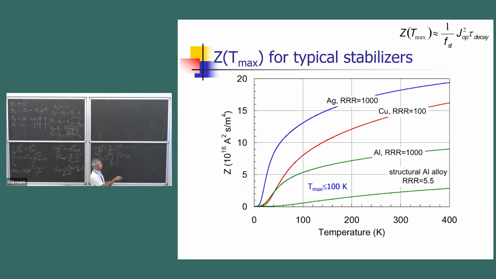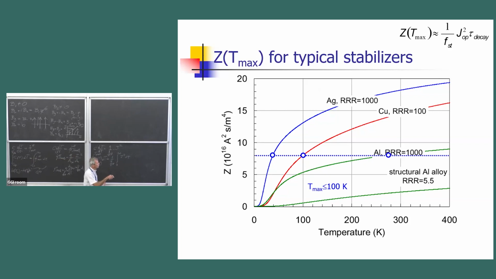So we get curves. If you get silver at very high purity, copper at normal purity, aluminum at very high purity, aluminum alloy with low purity, you get different curves. And what you see from those curves is that if you set the maximum temperature, let's say 100 K, if you get a point, say for copper, copper is a very common material, RR of 100, that's what we use in most of the magnets.